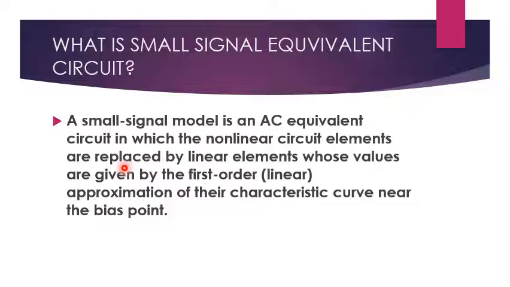I am emphasizing here that non-linear circuit elements are replaced by linear elements. So what are the linear elements? All your passive components are linear elements, that is your resistor, inductor, capacitors, right? So these will have linearity.